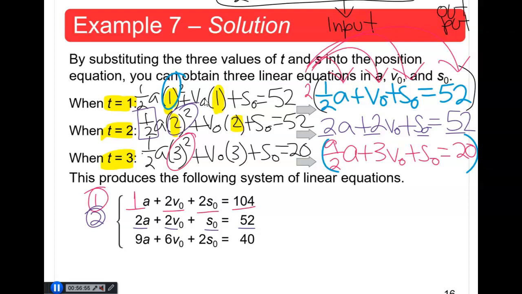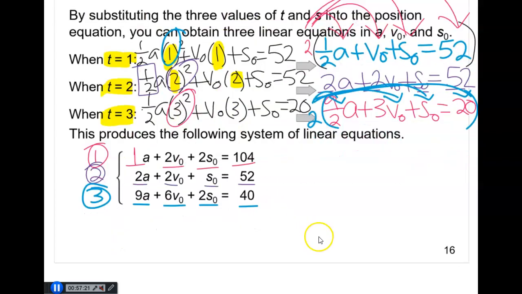So again, the same trick, we multiply by 2. So 2 times 9 halves is equal to 9, so 9a, and then 2 times 3 v sub 0, so we get 6 v sub 0, and then 2 times s sub 0 will be 2 times s sub 0, and then 2 times 20 will be 40. So there we have our third equation.